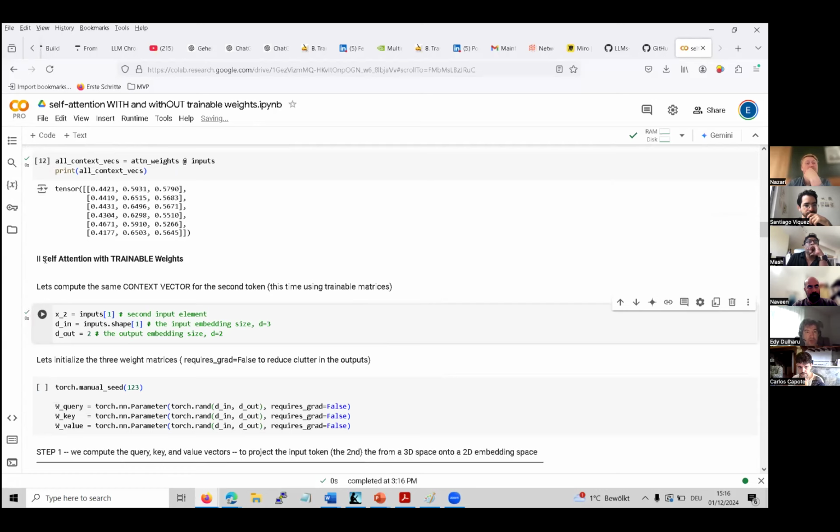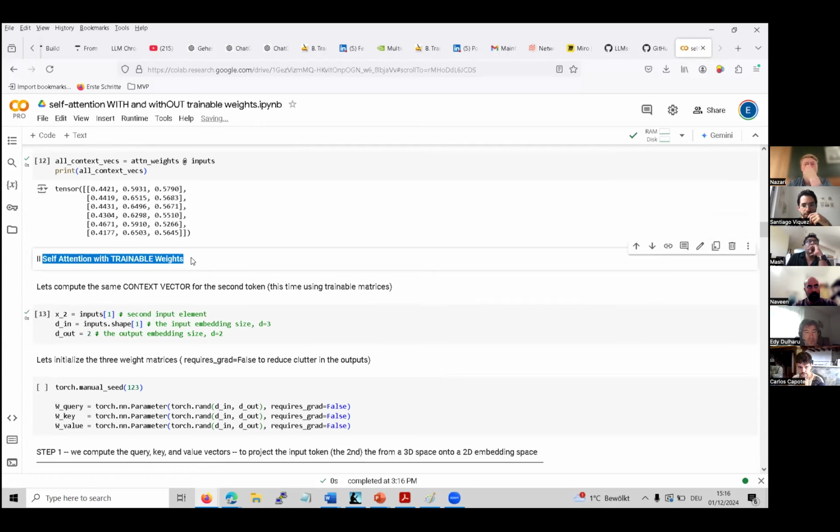Okay, so now we are in the second part of the chapter, which is relevant to the causal attention mechanism. Now we take as an input the second element, called x_2, and we need to project this input into a matrix which has a 2-dimension output and 3 dimension for the input.